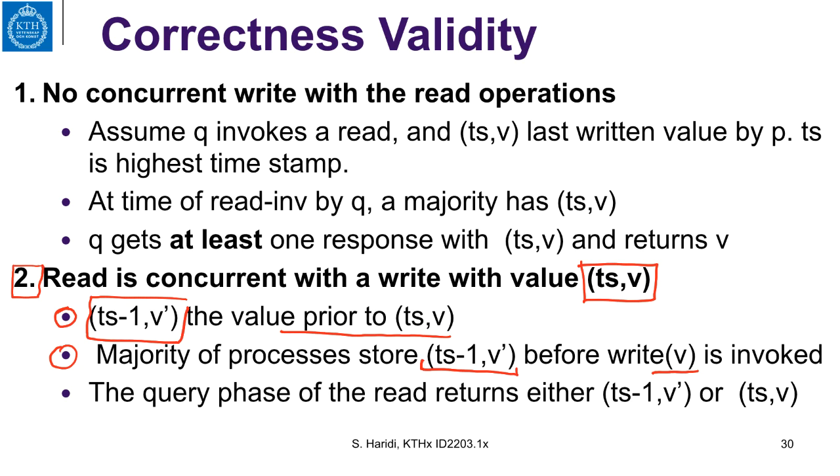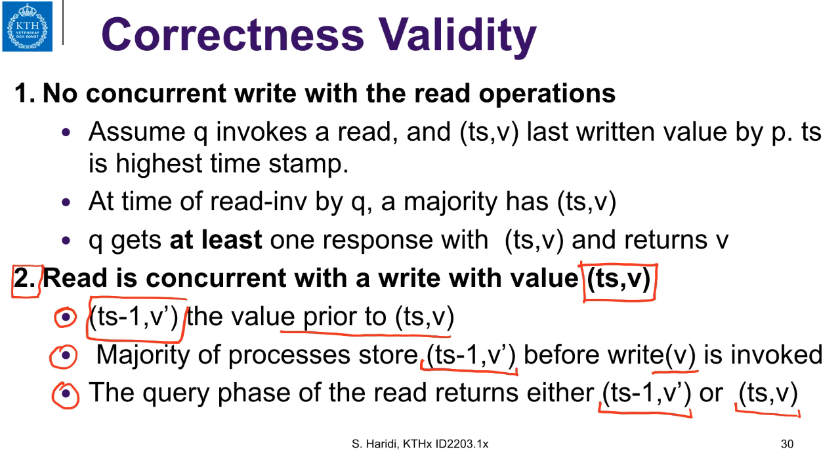So when we do a read, the query phase of the read will return either the previous write, TS minus 1 V prime, or the current overlapping write, TSV.